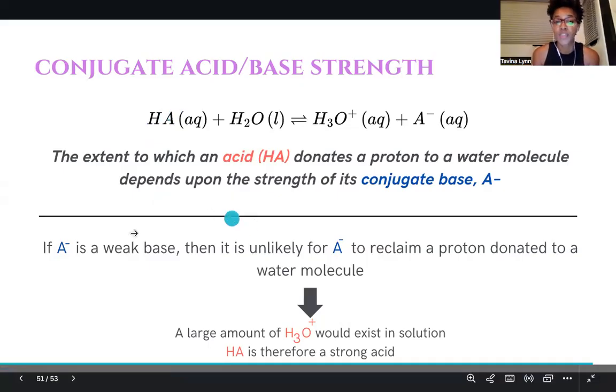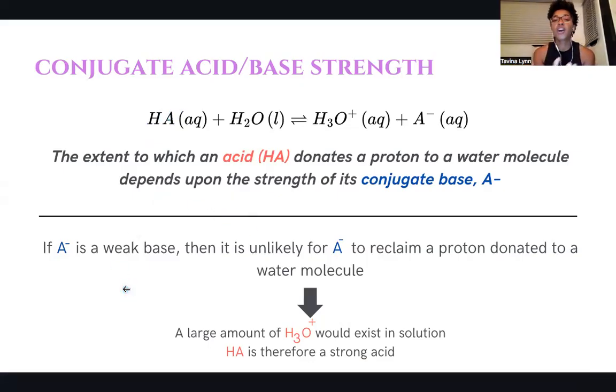All right, so tying it all together, we can determine the strength of a weak acid based on the strength of its conjugate base.